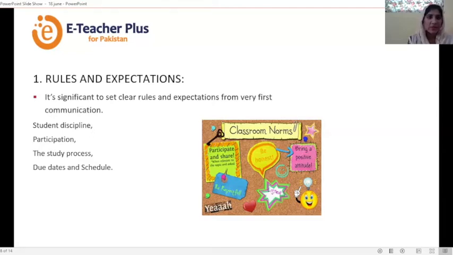Similarly, the schedule should be shared with the learners: how the course is designed or structured, how many units it has, how many lessons there are. A complete schedule of the course, activities, and time duration should be provided.